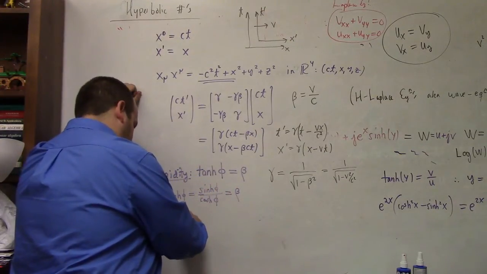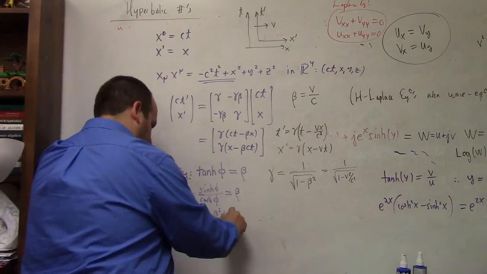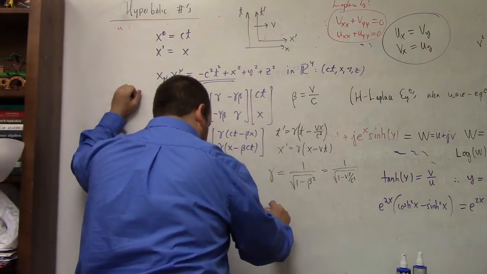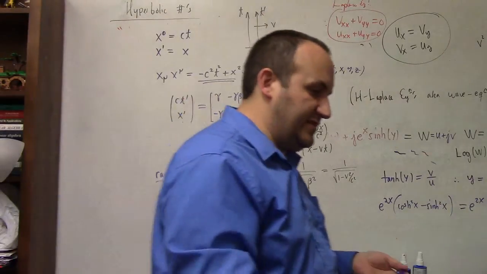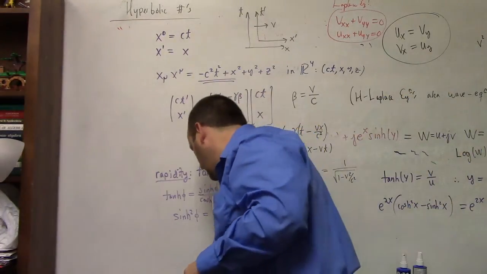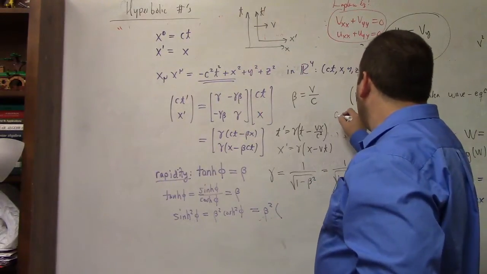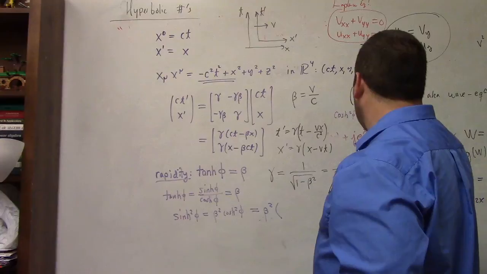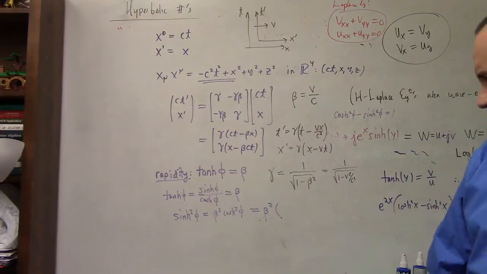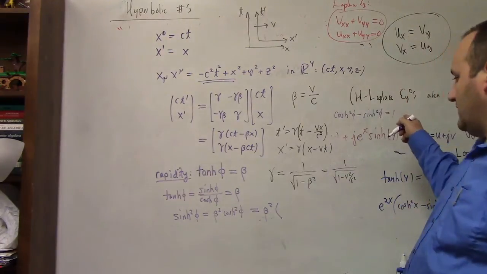So sinh squared phi is equal to beta squared cosh squared phi. But remember, cosh squared minus sinh squared is 1. If I want to rewrite cosh squared in terms of sinh squared, cosh squared is 1 plus sinh squared, right?